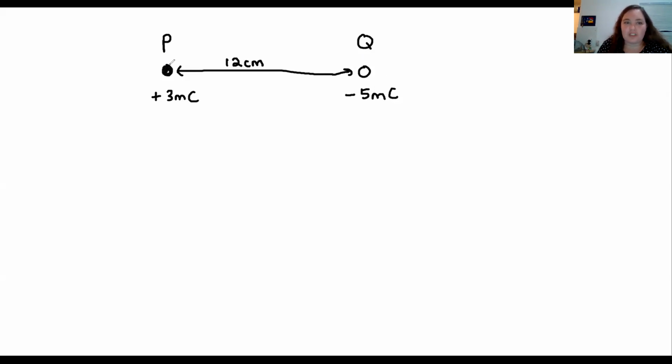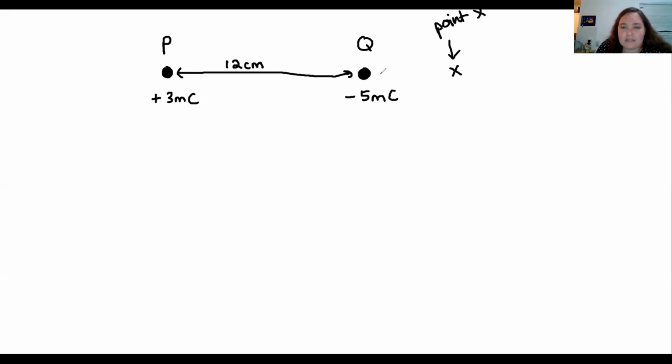These are both charges. When I draw my pictures, I tend to make charges colored in dots, and points are labeled with a cross. And my question to you is, here's point X. I'll even label it. Point X is going to be 5 centimeters beyond those.